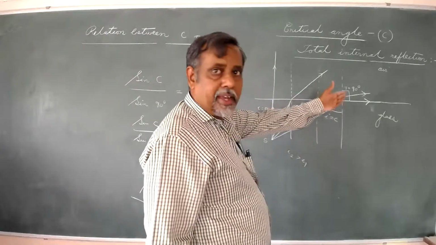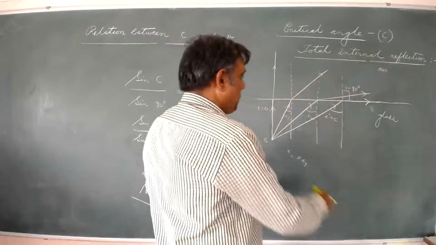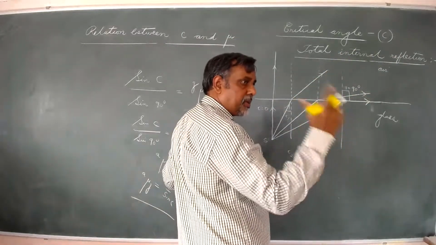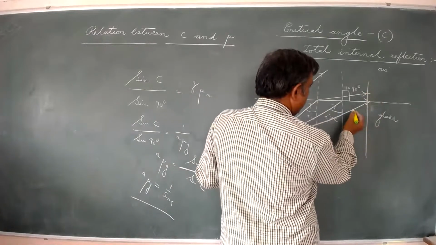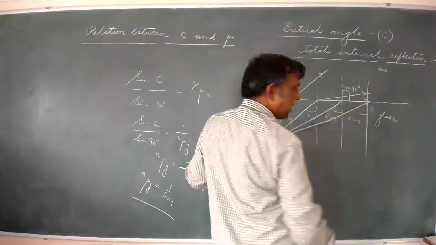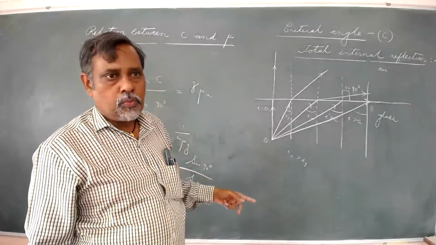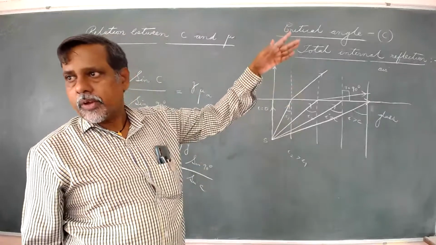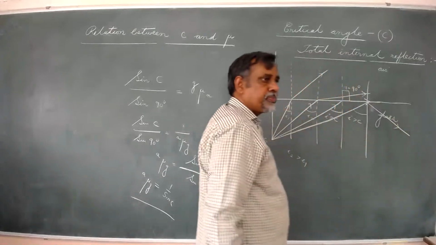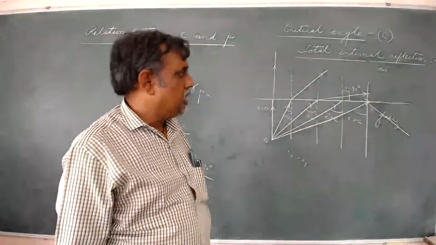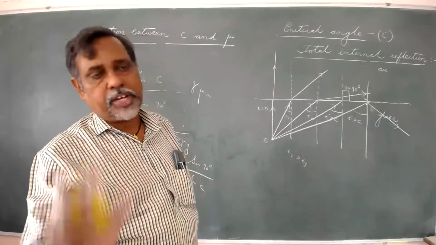Then for this light ray there is no possibility to enter into the air, so it will undergo reflection within the same medium. That is total internal reflection.